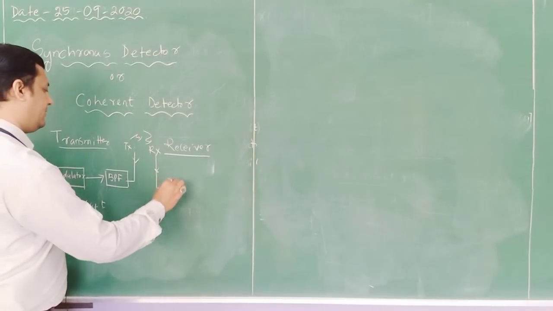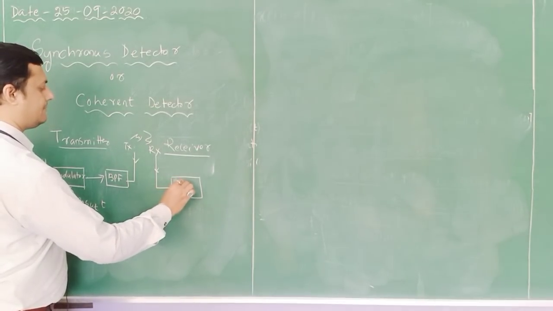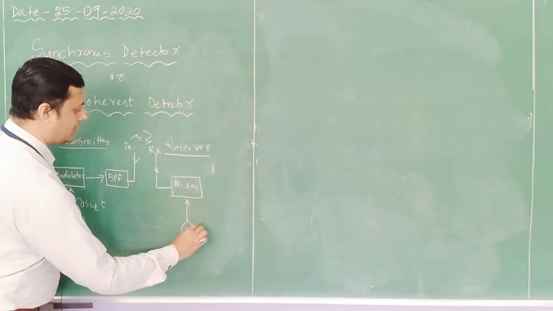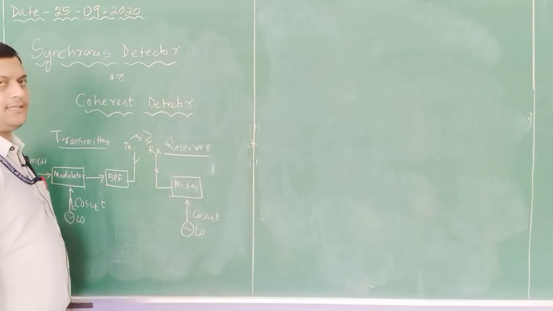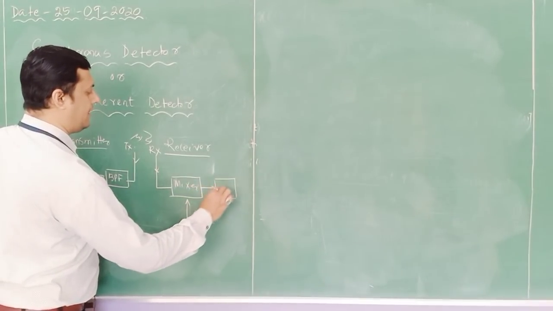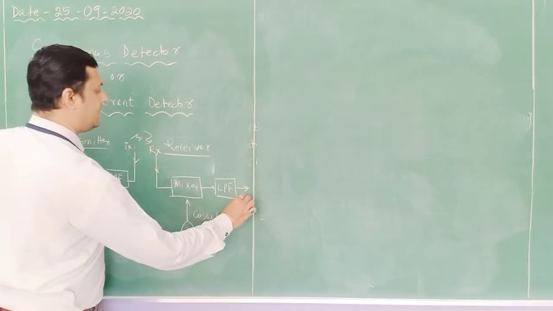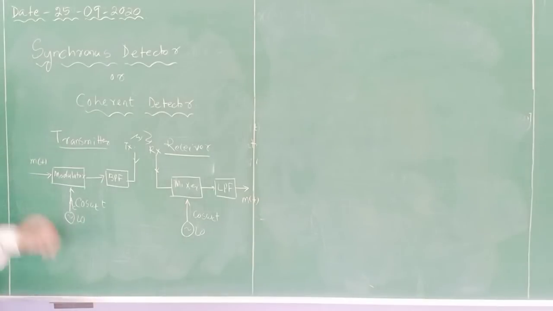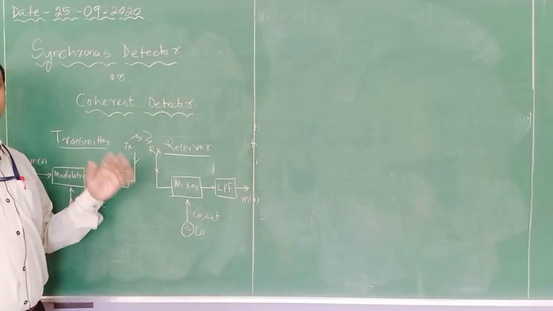At the receiver we have a mixer in which the local oscillator frequency is provided, and then it is followed by an LPF, and then we can extract the modulating signal. Now synchronous or coherent detection, theoretically we can analyze, but practically it is very difficult.